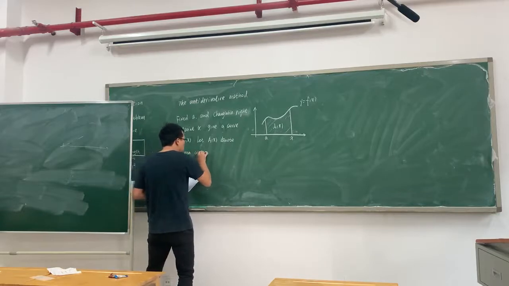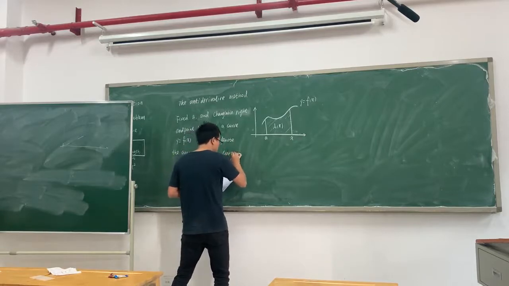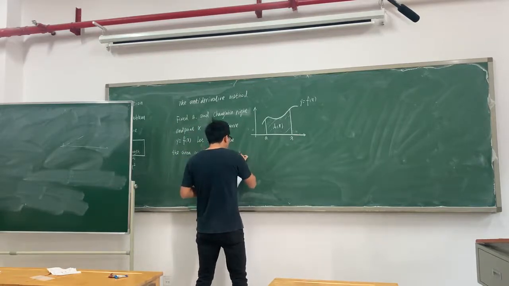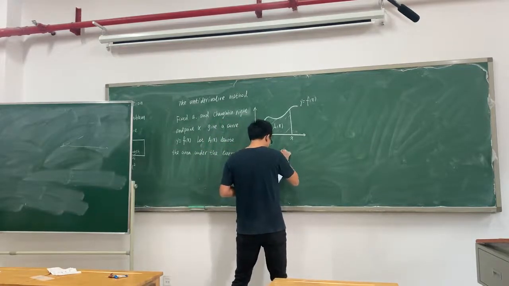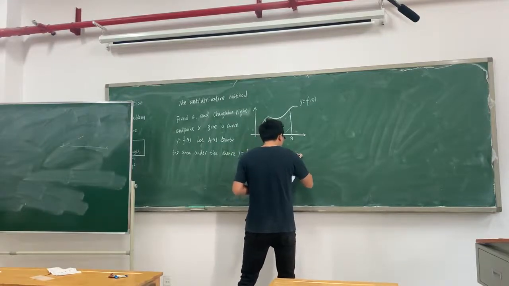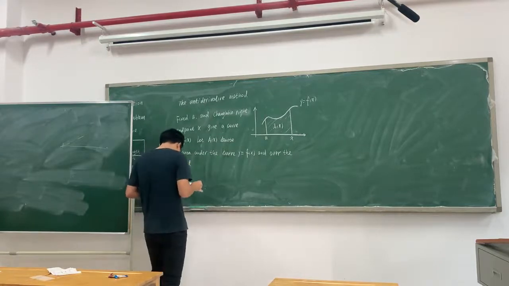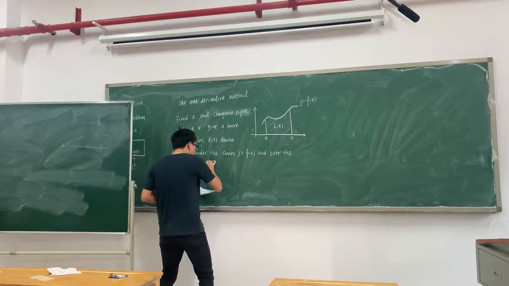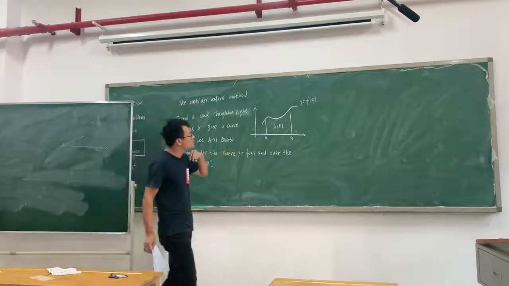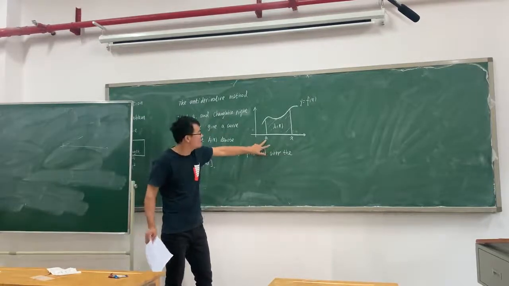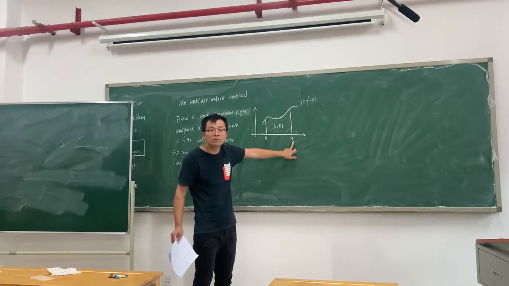The area under the curve y equals f(x), over the interval [a, x]. Here it means we fix the left endpoint a, and the right endpoint x is changeable.